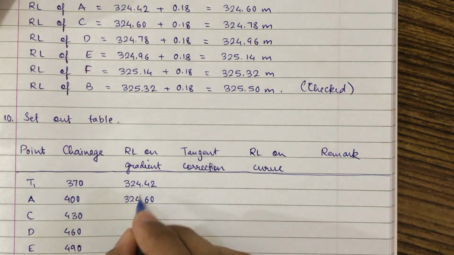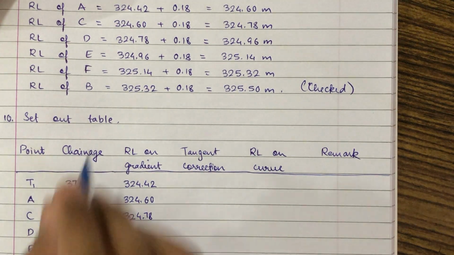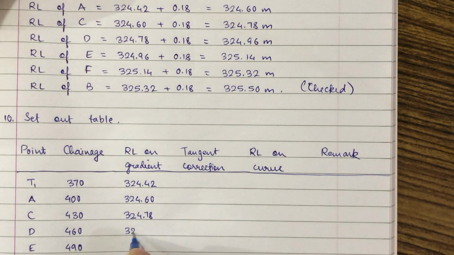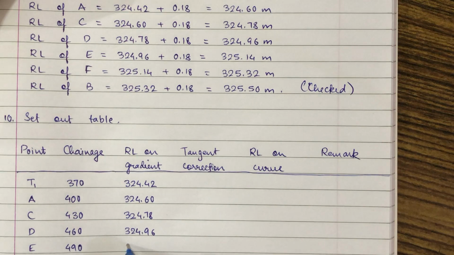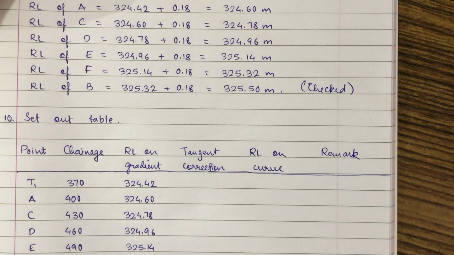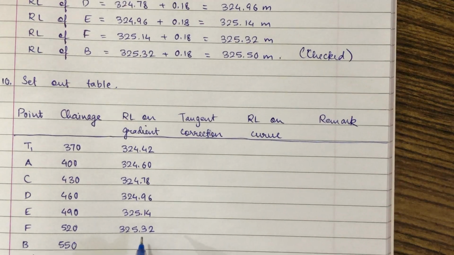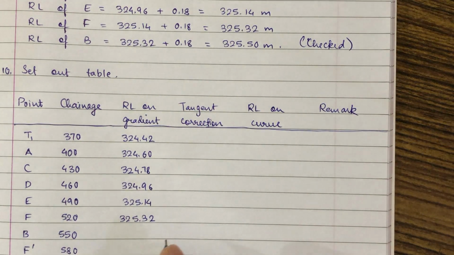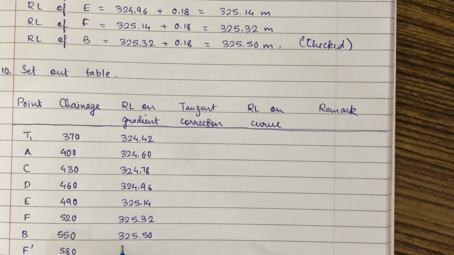RL of C we got as 324.78. Of D it is 324.96. Of E it is 325.14. F it is 325.32. At B it is 325.5.